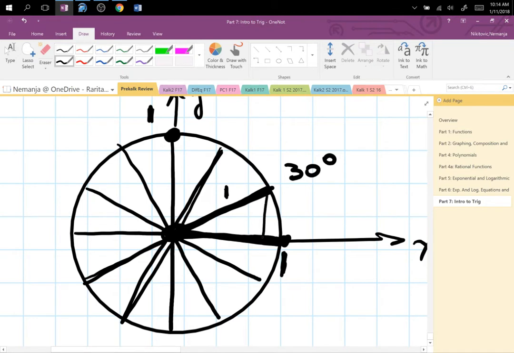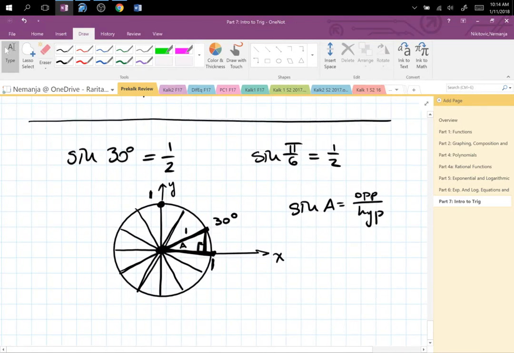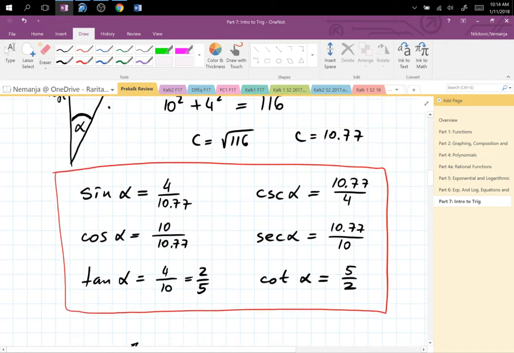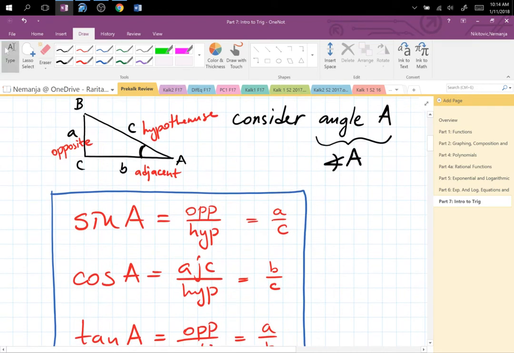And now I drop the vertical from the top to create the triangle, and there's my 90 degrees, and this is my angle A, which I am considering. Now, I know that the sine is defined. This is what we did last time. I have to scroll all the way up to this, where we said that what you must memorize is that sine is opposite over hypotenuse. Opposite is the side opposite the angle, and hypotenuse is the longest side.